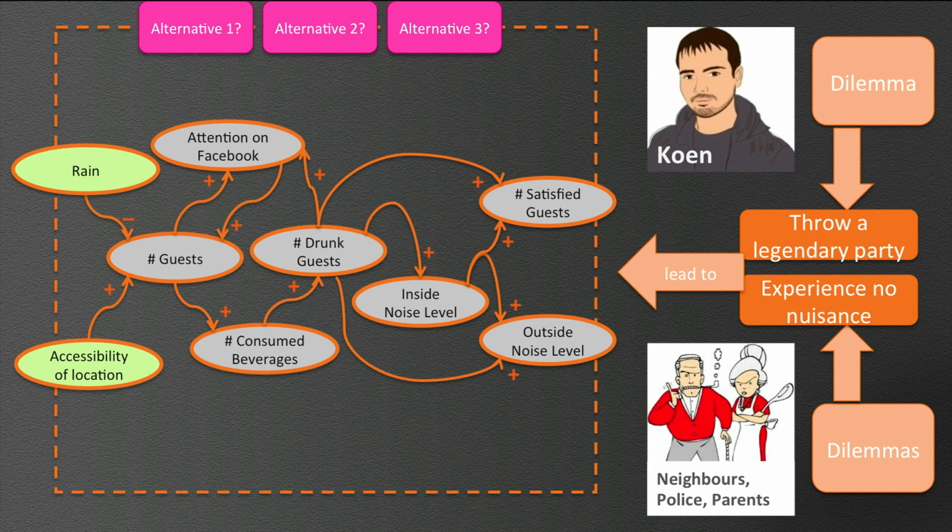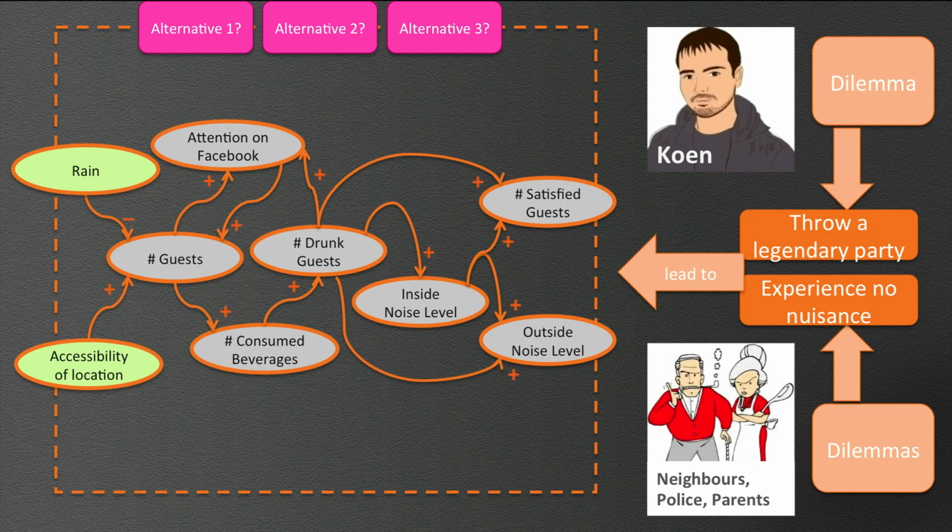This means that in this case, Koen must ask himself the question: how can I change the amount of guests, the attention on Facebook, the number of consumed beverages, the number of drunk guests, the inside noise level, or how to directly change the number of satisfied guests or the outside noise level?